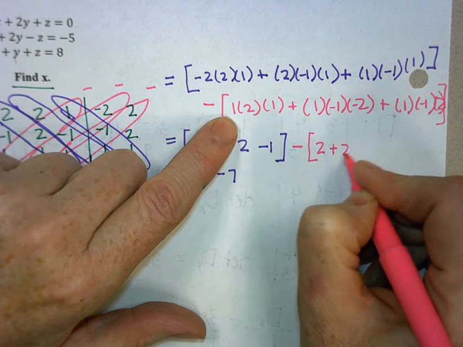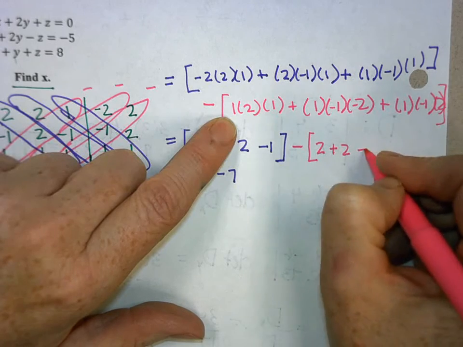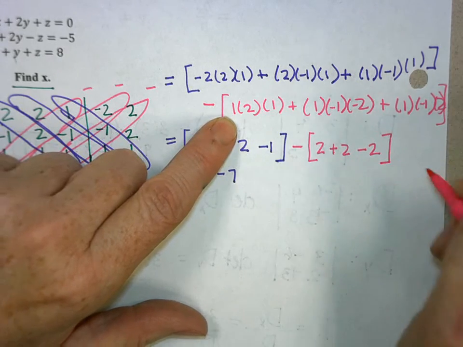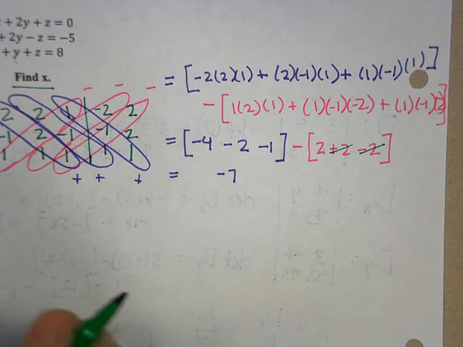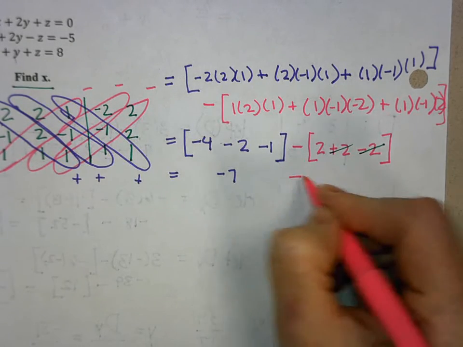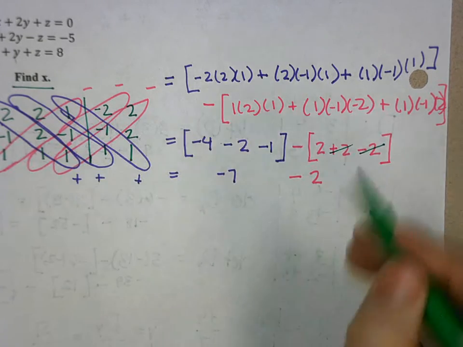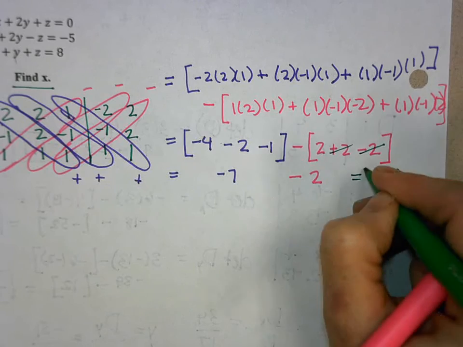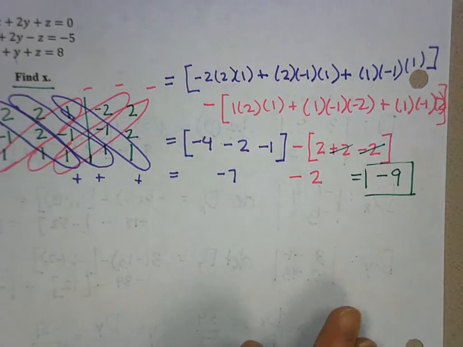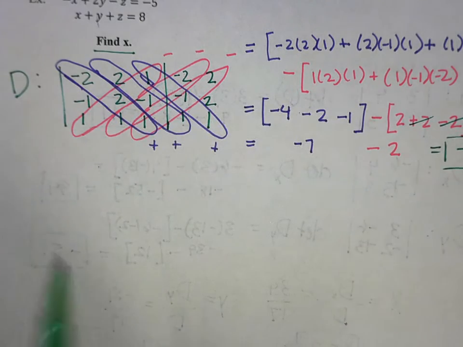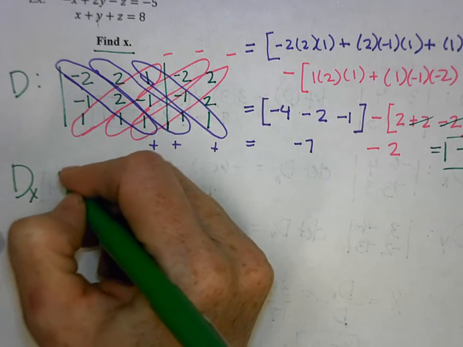We're going to subtract. This is 2 plus 2, 2 negatives multiplied together, and this is only one negative, so it's going to be negative 2. When I'm looking at this, I see that these are going to cancel, leaving me with minus 2. Negative 7 minus 2 equals negative 9. That is the determinant of D.